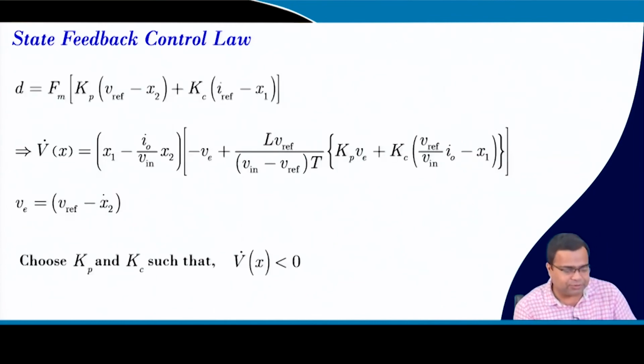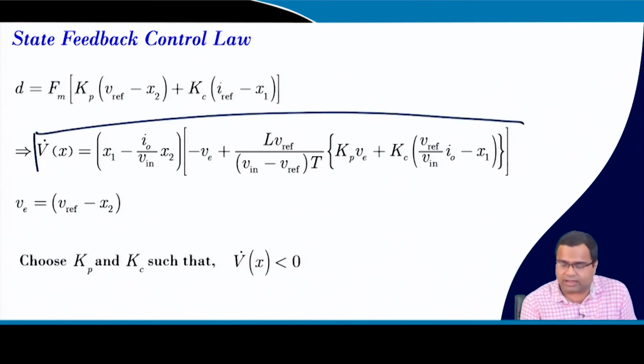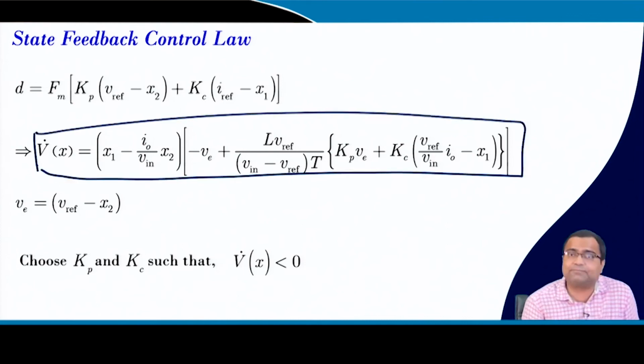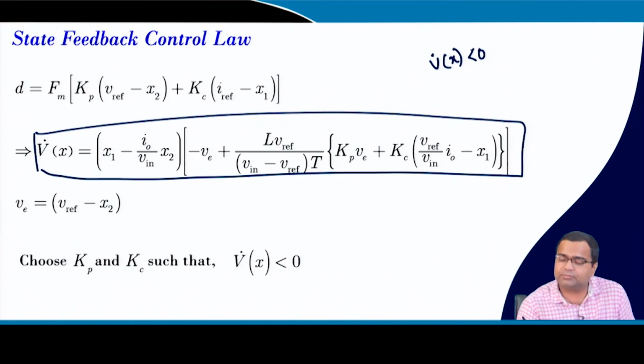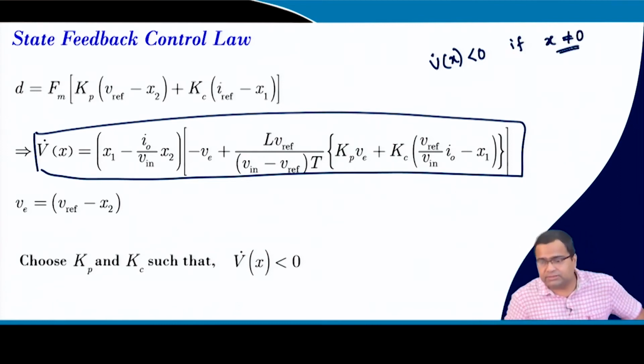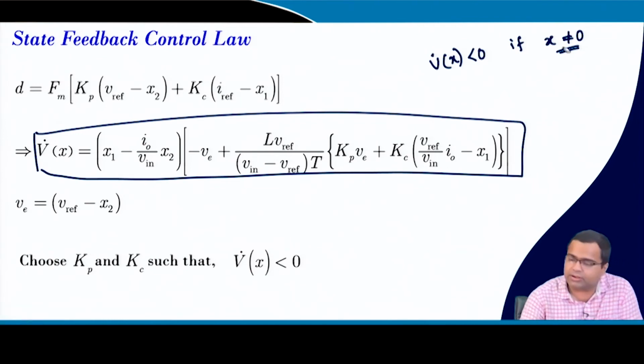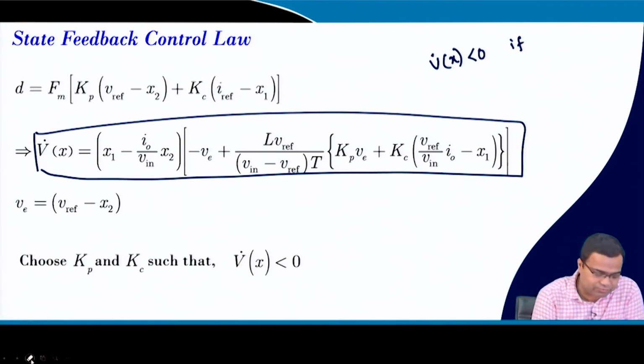If you substitute, then this expression V dot x will look like this, and what we need for stability, we have to ensure that V dot x is strictly negative if x is not equal to the reference value.